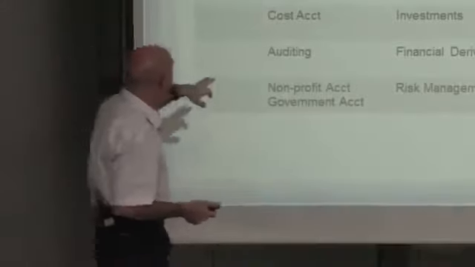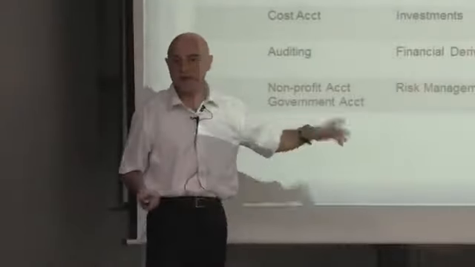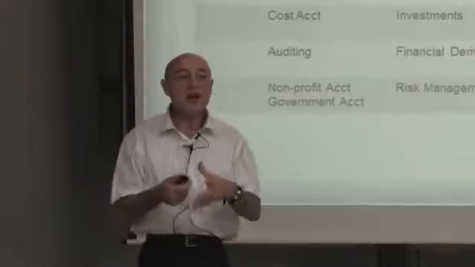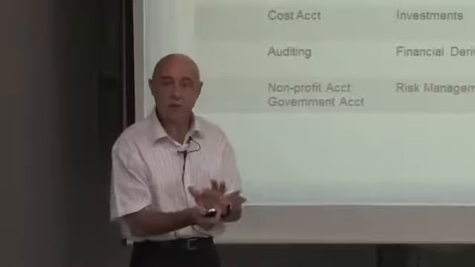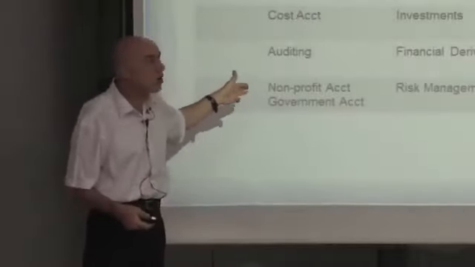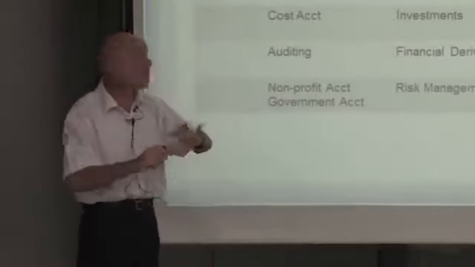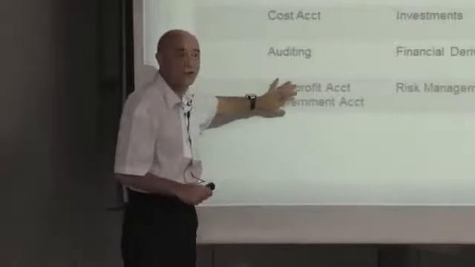So that's what auditing is. And of course, you have non-profit institutions. You have also government institutions. Government accounting is a little different. Non-profit institutions are also a little bit different. They're not run for profit, so they have a separate accounting of their own.